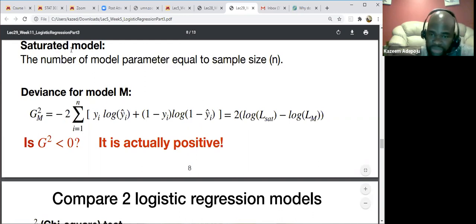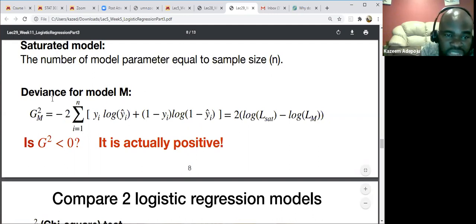But let me tell you something. When I say saturated model, if the sample size and the number of model parameters are the same, I may not be able to find the degree of freedom, because the degree of freedom is going to be n minus k. In that situation, n minus k will be equal to 0. So I'm going to walk you through that as time goes on.